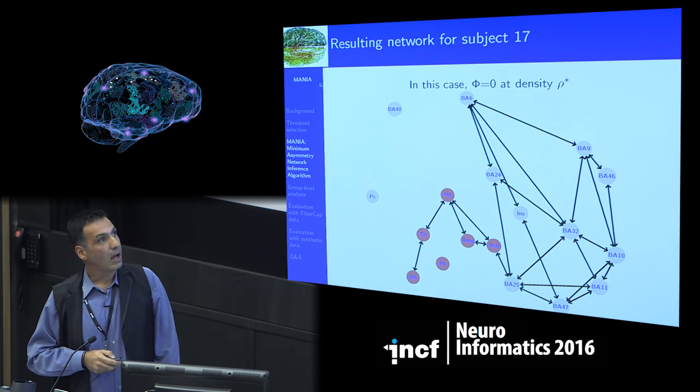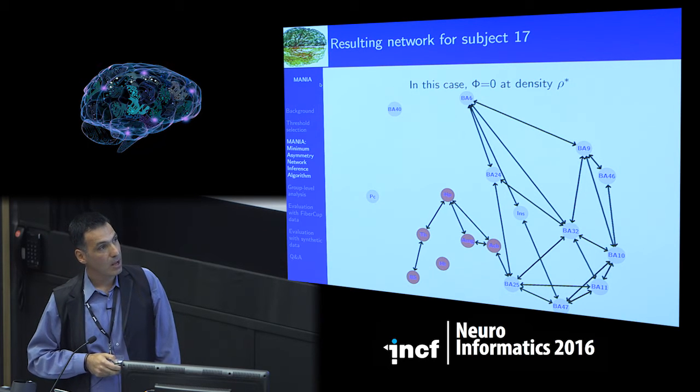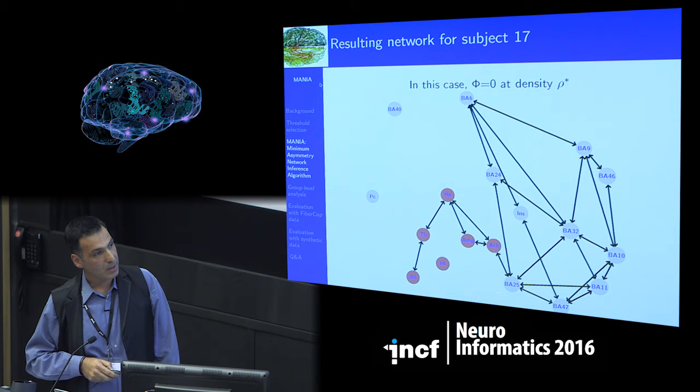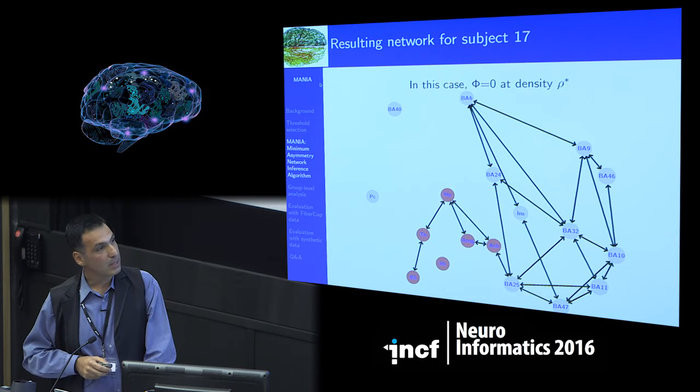And for this specific subject, this is the network that we were getting. And in this case, it's completely symmetric for this given threshold that Mania chose. Take a look here at this specific area, BA25. Has a very special interest in depression, and Helen will talk about this more tomorrow. We will come back to this picture in a few minutes.